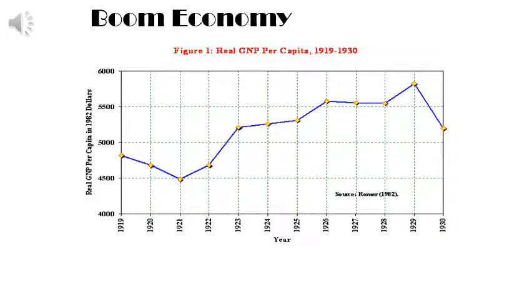You can see from this chart documenting the gross national product per capita between 1919 and 1930 the exponential growth happening beginning in 1921, increasing the gross national product from 4,500 all the way to 5,700 or 5,800 in 1929, an increase of approximately 33%.